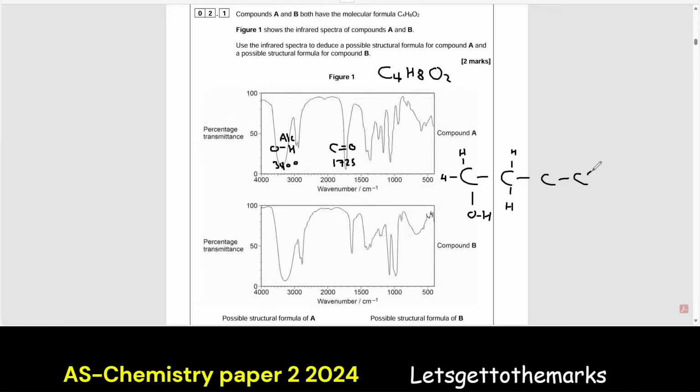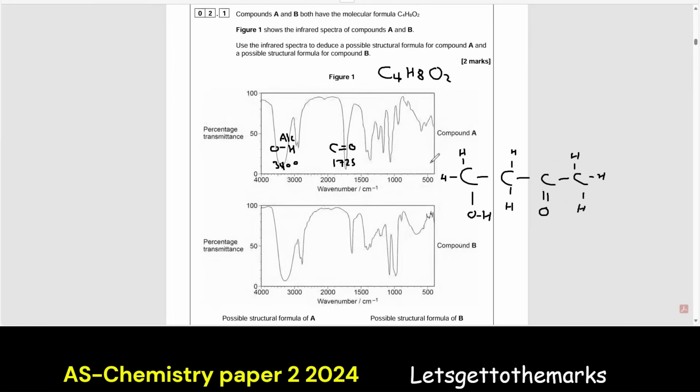Now, let's try it like an aldehyde. So this is an aldehyde. Let's count up the hydrogens here: 1, 2, 3, 4, 5, 6, 7, 8. So that works, but let's see if the ketone works as well. Let's bust out a ketone. If I smash the ketone in, bosh.